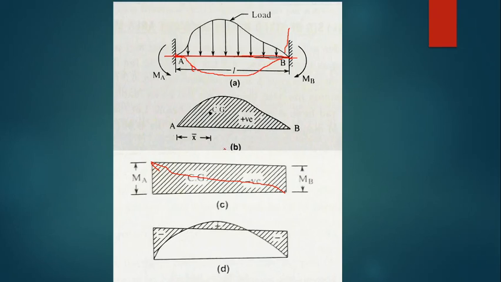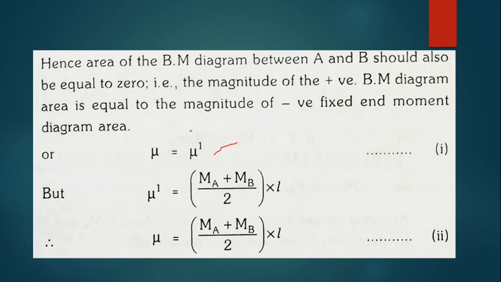By applying those two principles, you will get two equations in the form of MA and MB, and also in terms of mu and L, where mu is the area of the bending moment diagram and x bar is the centroid distance of the bending moment diagram. With the known values of mu and x bar, you can calculate the unknown moments MA and MB for the above two cases.